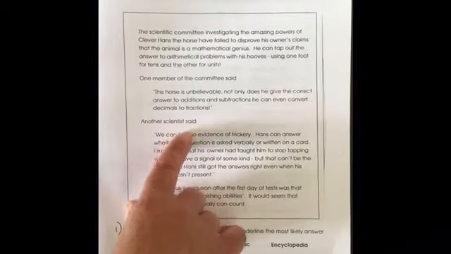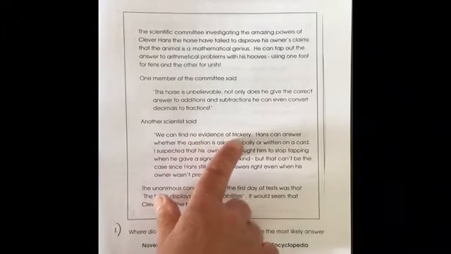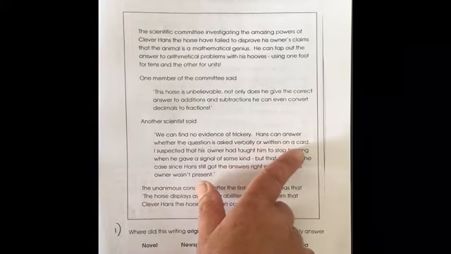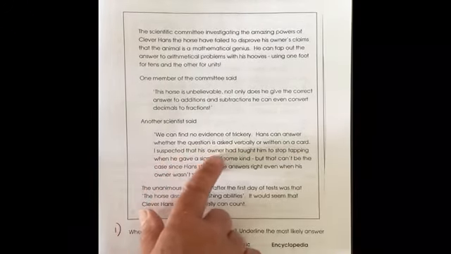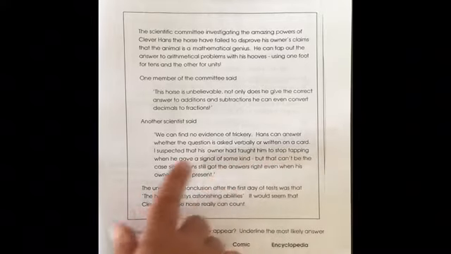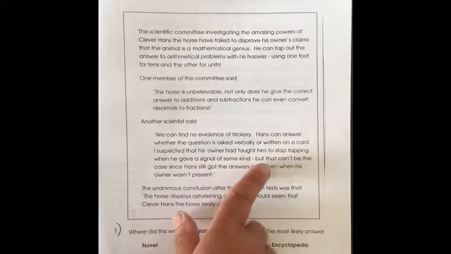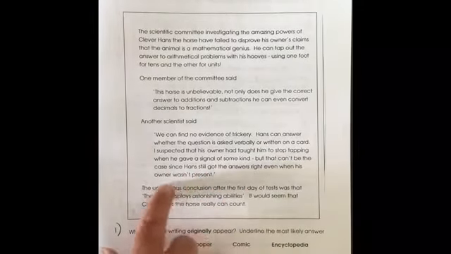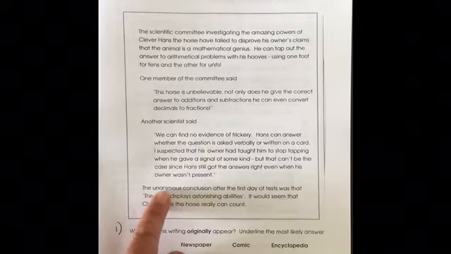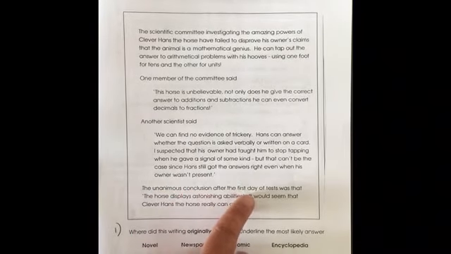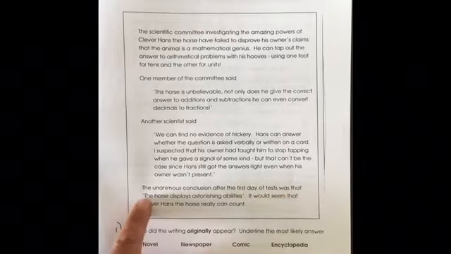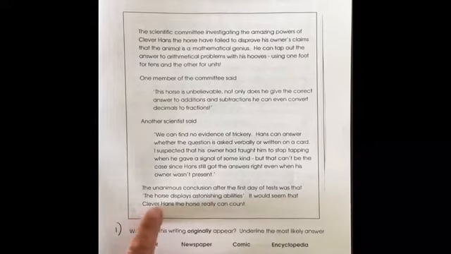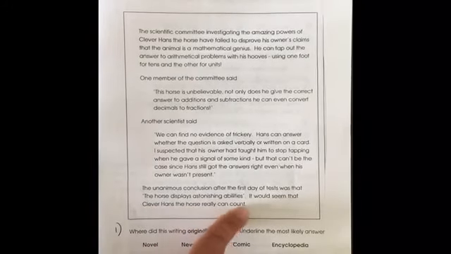Another scientist said, "We can find no evidence of trickery. Hans can answer whether the question is asked verbally or written on a card. I suspected that his owner had taught him to stop tapping when he gave a signal of some kind, but that can't be the case since Hans still got the answers right, even when his owner wasn't present." The unanimous conclusion after the first day of tests was that the horse displays astonishing abilities. It would seem that Clever Hans the horse really can count.